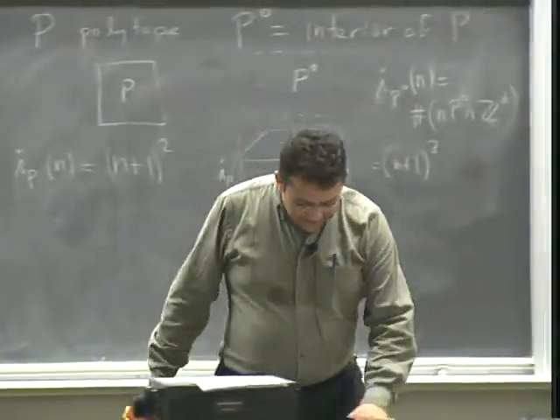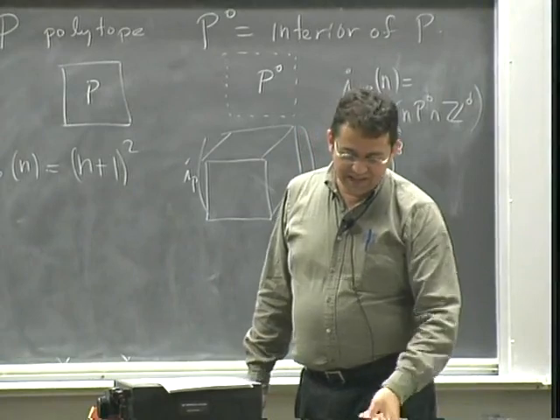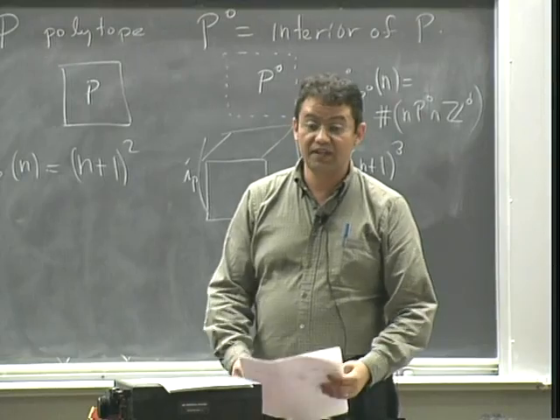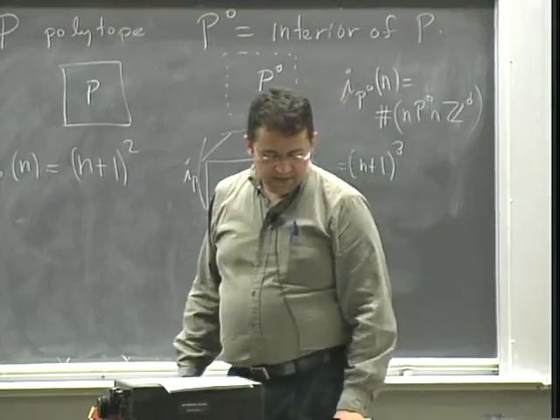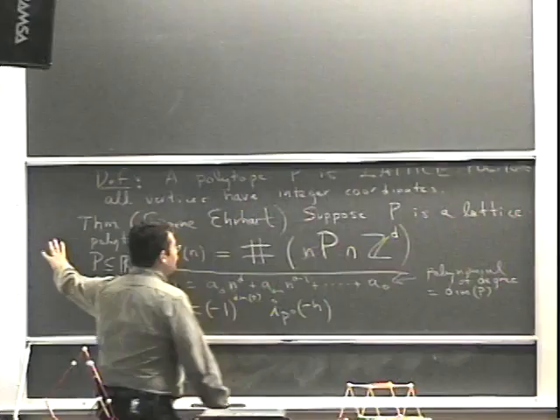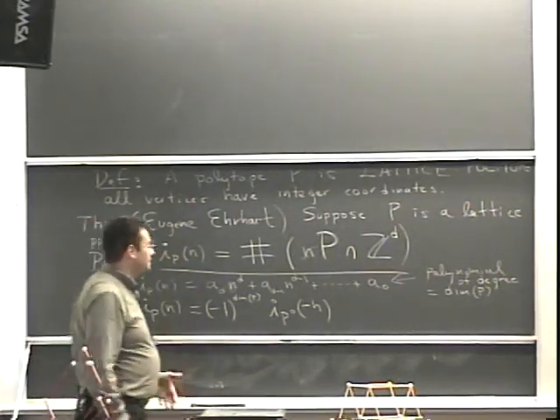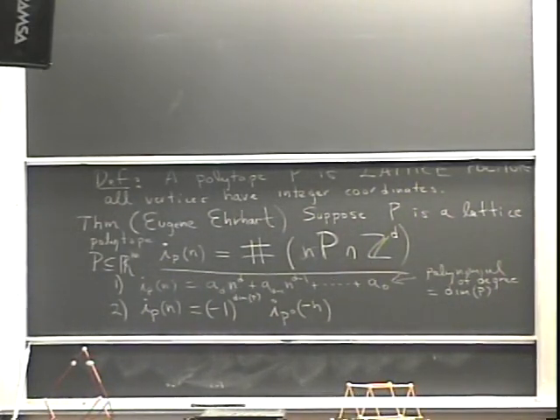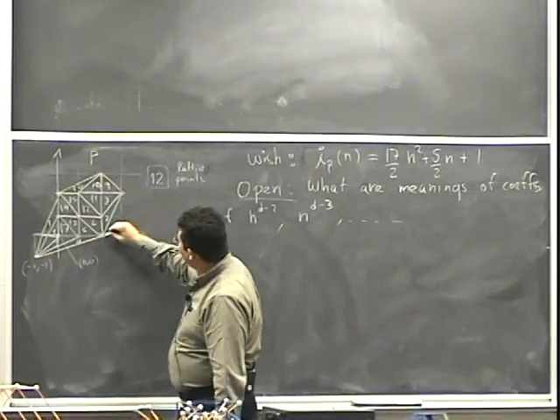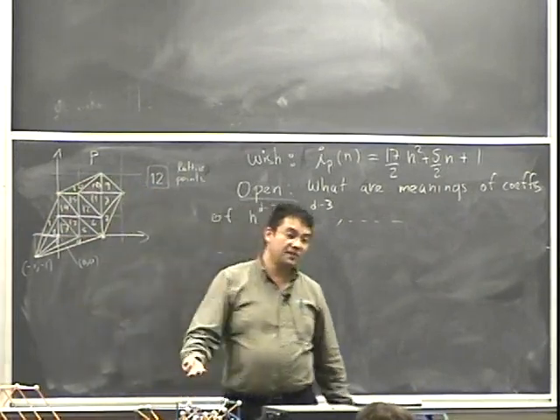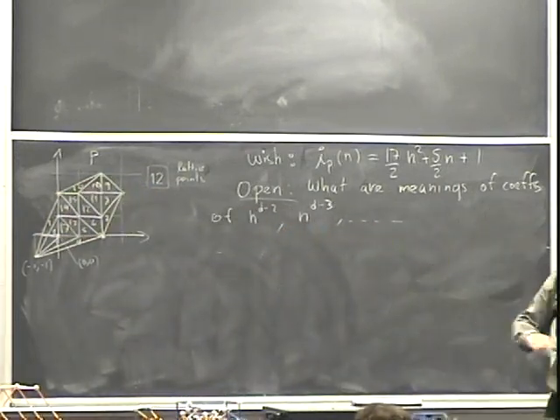But my duty here is, as I said, you guys are going to ask your money back if I don't tell you about triangulations, and this does have to do with triangulations in a very deep way, in my opinion. So first of all, I'm going to give you the sketch of the proof of Ehrhart's theorem using triangulations. In general, the second coefficient is counting the surface, the sum of the perimeter.